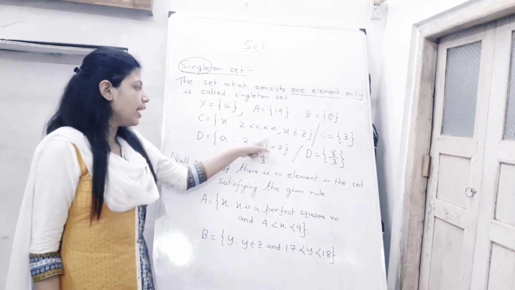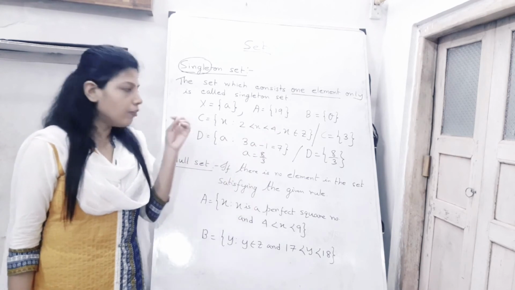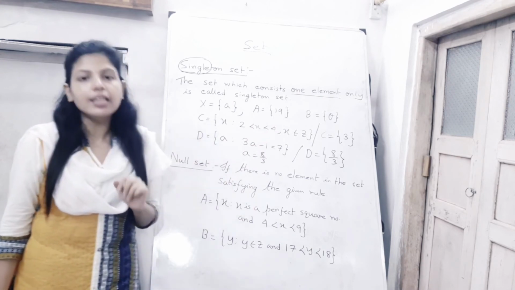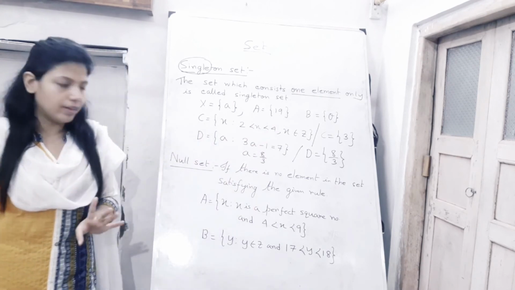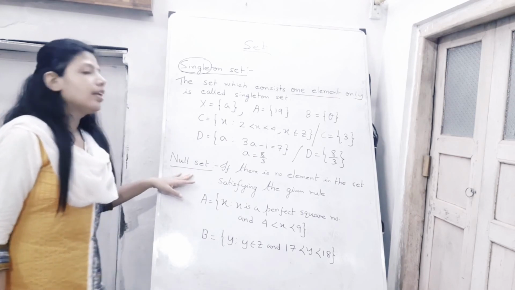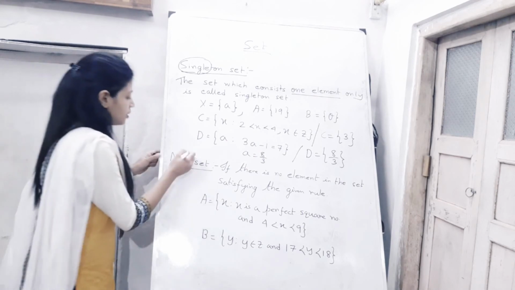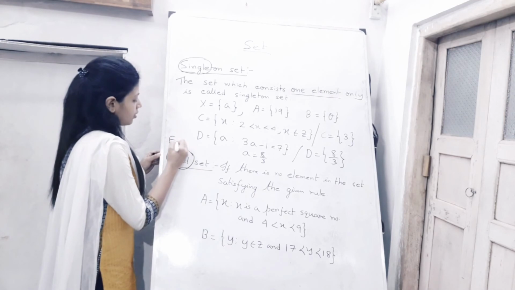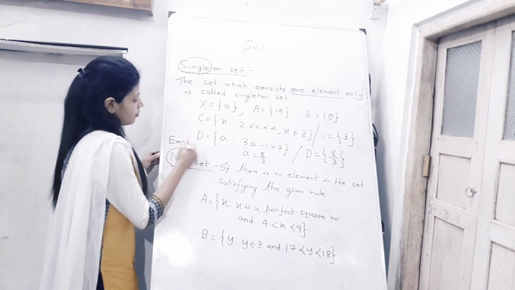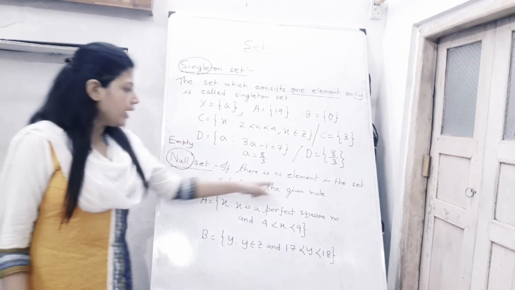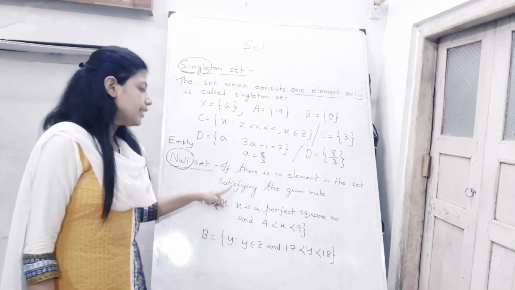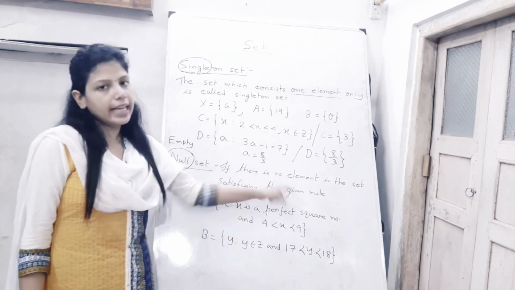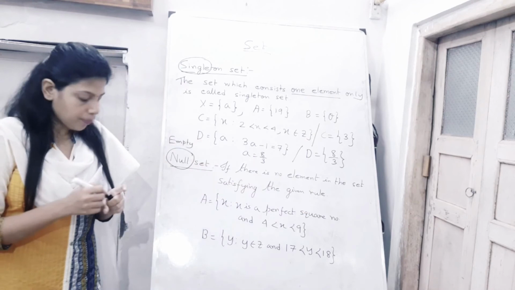And if it is a linear equation, then always if I solve any linear equation, I will get just one element. Next one, null set. Null means empty, nothing. If there is no element in the set satisfying the given rule, then the set is called a null set.